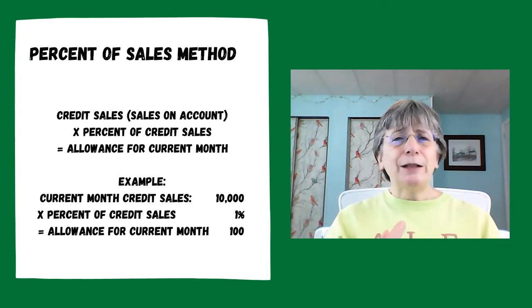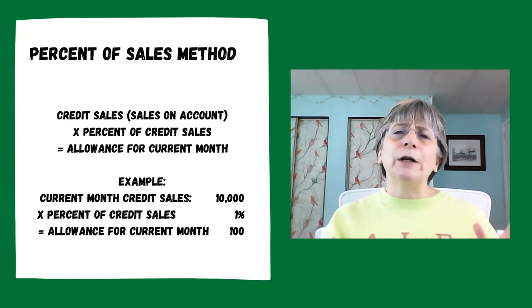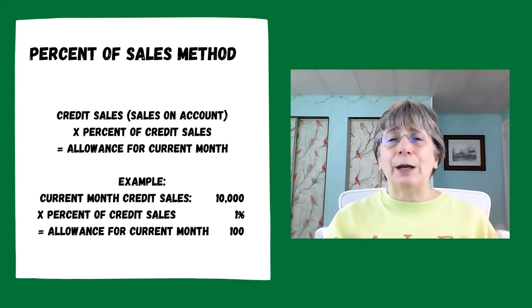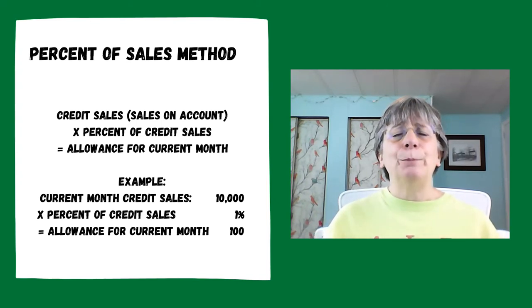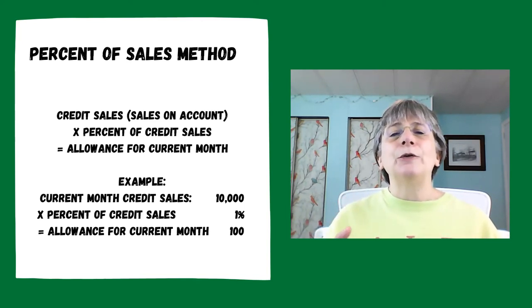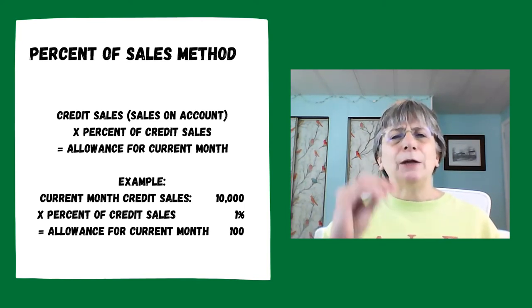So that percent that we use is going to be based on historical data. We're going to look at what has happened in the past, what the percent is that we don't get paid for, and we're going to now apply that percent to the new month. And that's a percent that can change based on what's going on with the business. Maybe we hire a debt collection agency to go after some of our older accounts, so our percent of sales that we don't collect gets smaller.